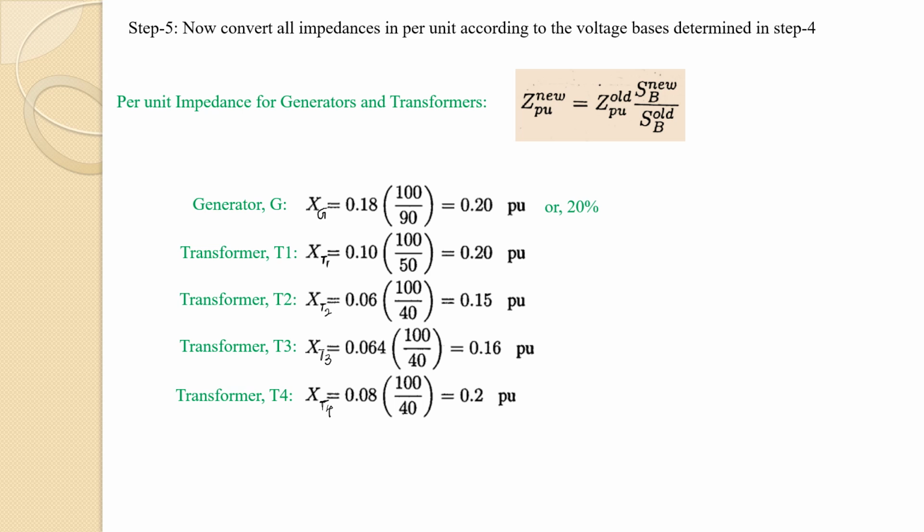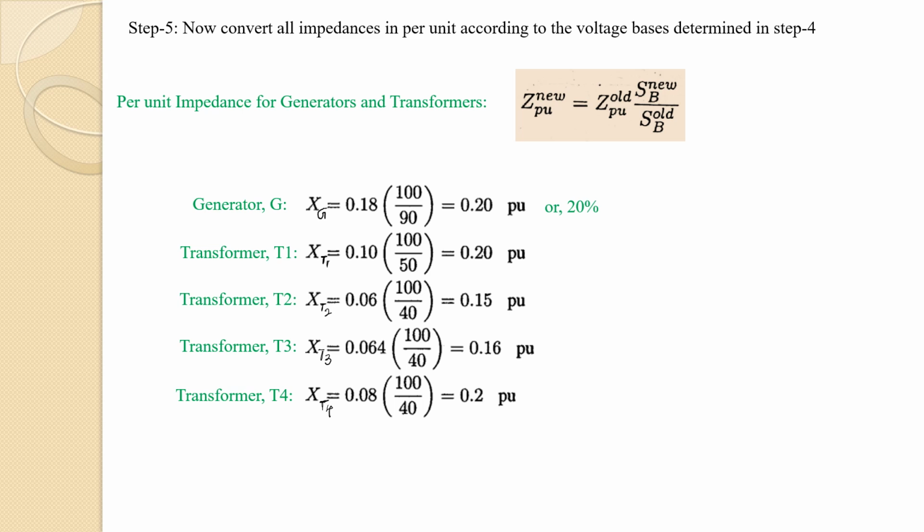So we are writing here 0.18, and this will be multiplied by the S base new, which is chosen for this system, and we have chosen 100 MVA, so we are writing 100 divided by S base old, which is the MVA specified in the manufacturer data sheet for the generator, equal to 90 MVA. When we solve this, we get 0.2 per unit. So this is the per unit new impedance for the generator on the common basis that has been selected. If we want to calculate the per unit values in percent, then we need to multiply the per unit values by 100, and that gives us 20% for the generator.